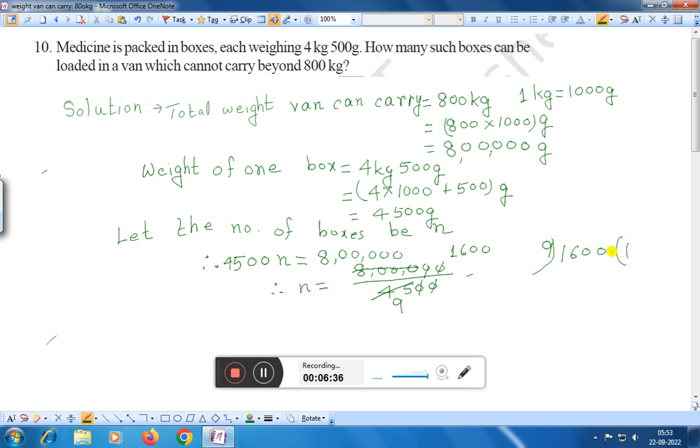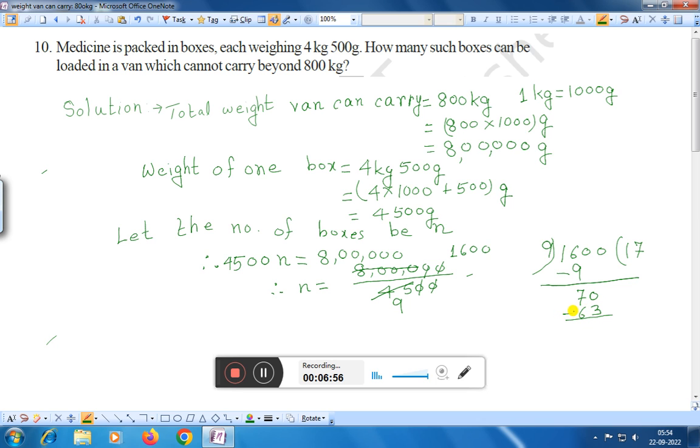Now 9 ones are 9, minus 9, 0, and here there will be 7 and 0. 9 sevens are 63.